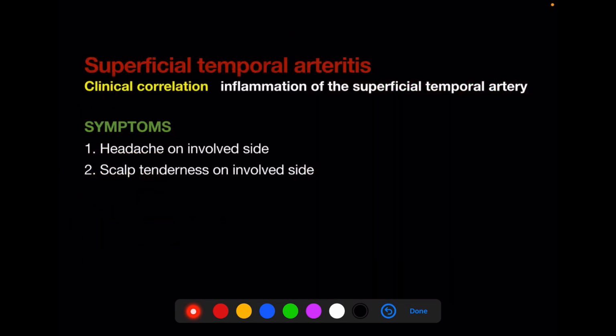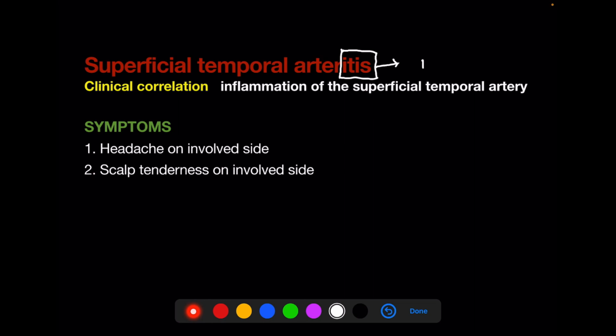Right? Now we discuss some coronary artery disease. So here we have superficial temporal arteritis. What do you mean by itis? If you read medical terminology, then you can easily understand the medical term.